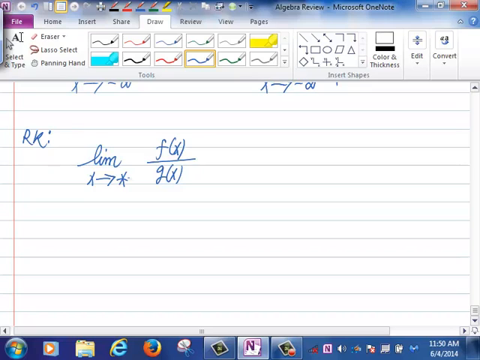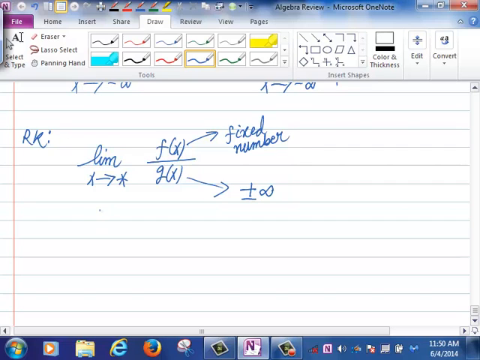And suppose that the limit of the numerator is a fixed number, and the limit of the denominator is plus or minus infinity.